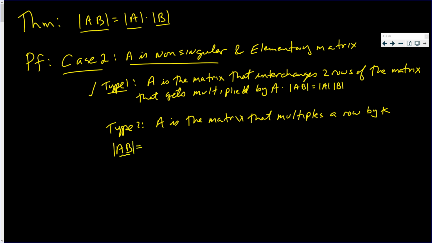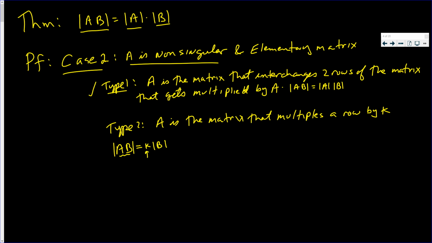Now AB is B, where one row got multiplied by K. Well, we know what the determinant of B is. But if we multiply one row of B by K, we're going to get K times the determinant of B.